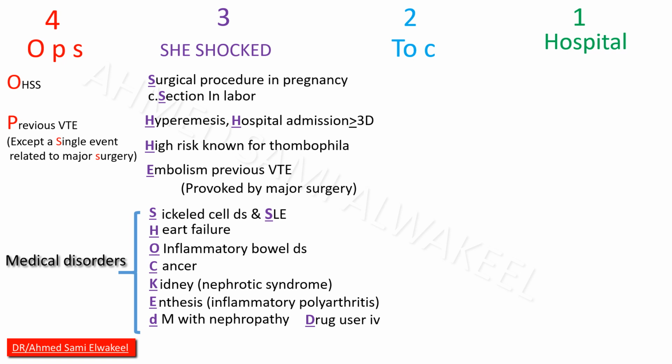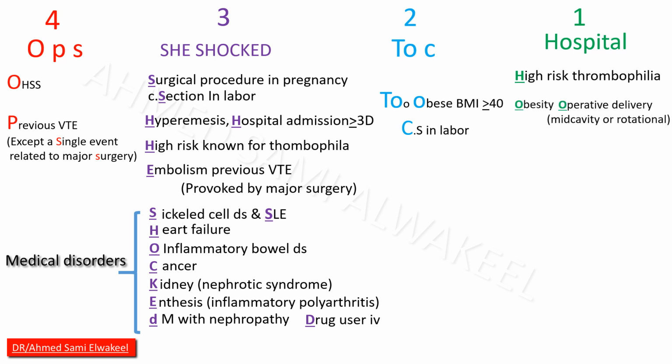Score 2, to C. TO letters for obese, body mass index equal or more than 40, and C for C-section in labor. Score 1. Hospital. H. High risk thrombophilia.